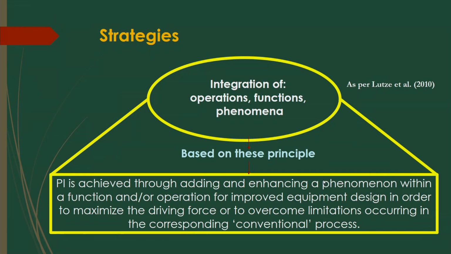So we can even classify the strategies of this chemical engineering process like this: integration of the operations, functions and phenomena are three components by which you can intensify the process by integrating the different processes. Based on these principles, the process intensification is achieved through adding and enhancing a phenomenon within a function and or operation for improved equipment design in order to maximize the driving force or to overcome limitations that occur in the corresponding conventional processes.